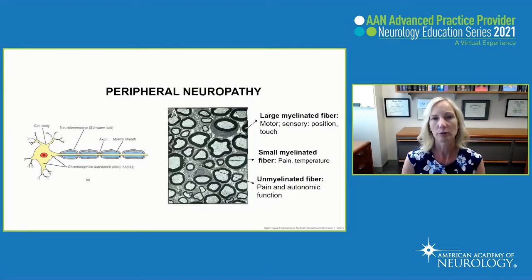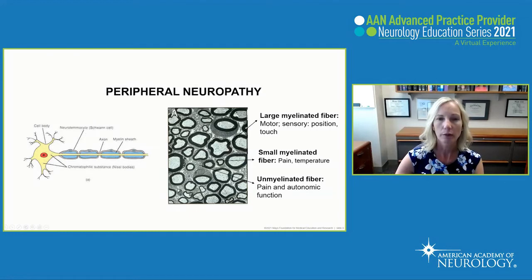Just so we're on the same page in terms of nomenclature as well, we want to think about the anatomy of the peripheral nerve, and that helps us think about the types of neuropathy we're talking about. Most neuropathies involve the axon itself, so it's kind of a dying back neuropathy from the distal nerve endings. But some neuropathies really involve the myelin sheath and are more of what we call a demyelinating neuropathy.